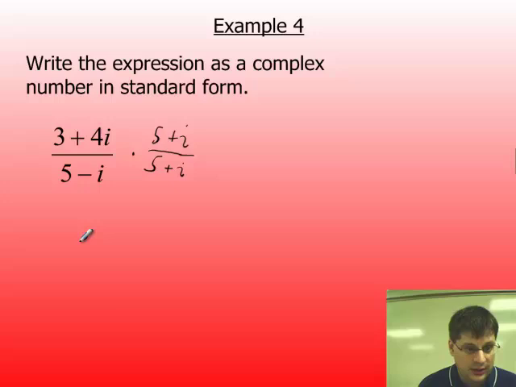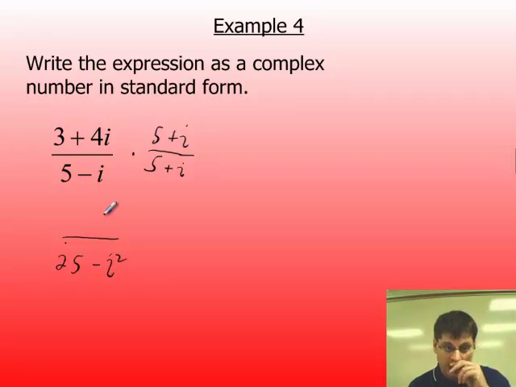So the shorthand on the denominator, I'm simply going to write this as 25, so it's just a difference of squares, minus i squared.